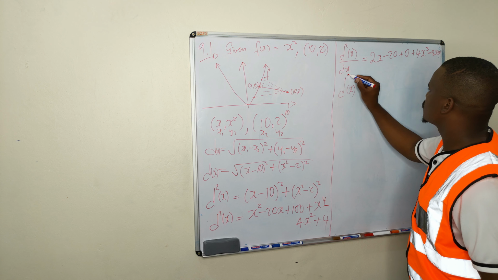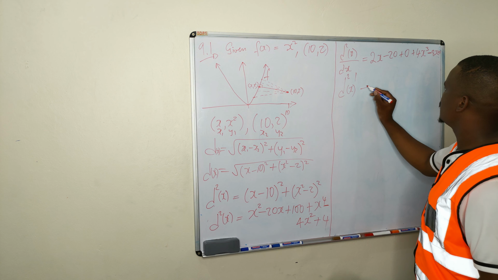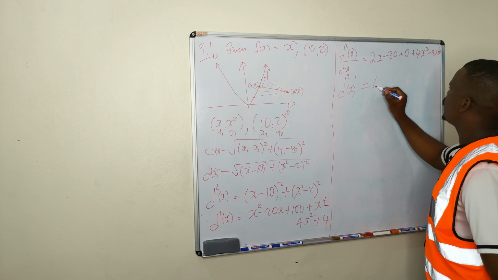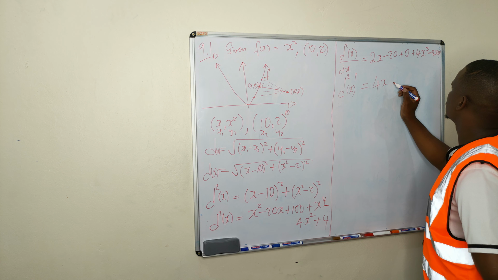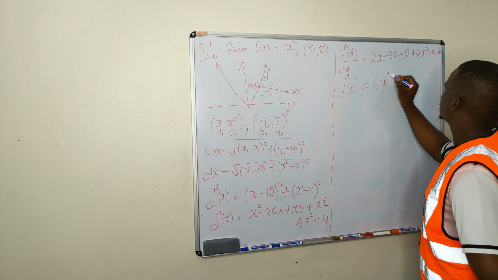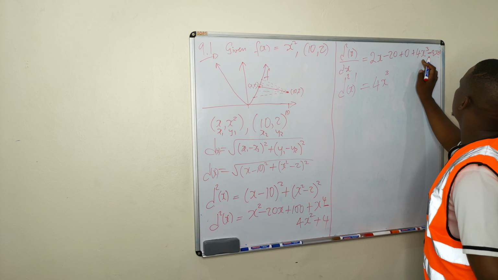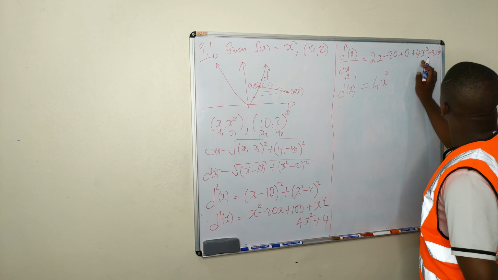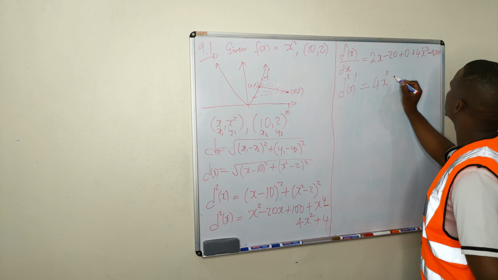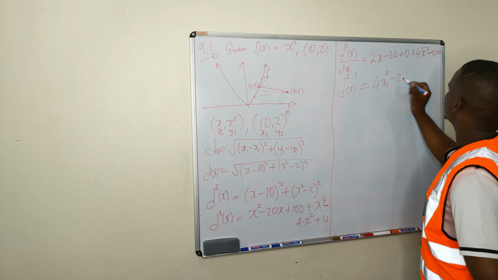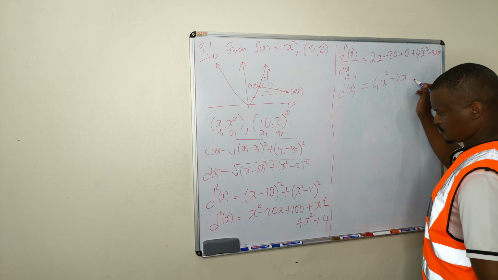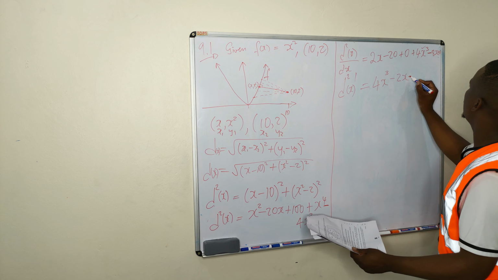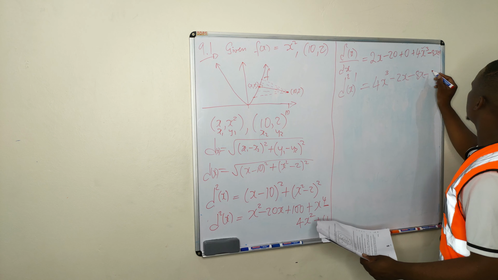So d squared of x prime, same thing, is equal to 4x cubed, right, done with this part, minus 2x minus 8x, minus 20.